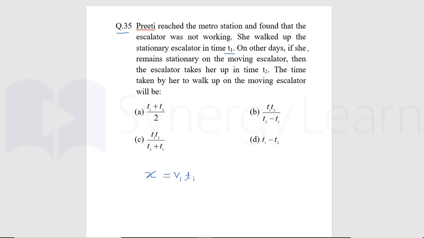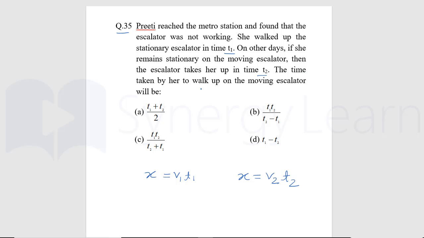Now it says on the other day, if she remains stationary on the moving escalator, the escalator takes her up in time t2. So again the distance travelled is the same. Let the speed of the escalator be v2 and now the time taken will be t2.